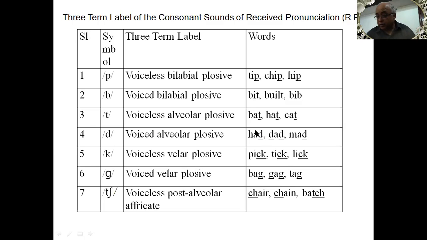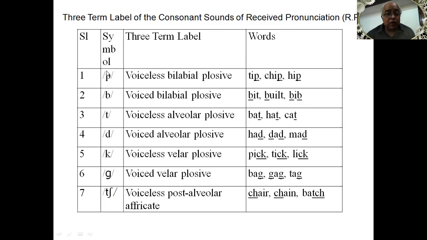Now, let us do some repetition. It will be easier now for us. First we have got serial number, the symbol, the three-term label, and the words. First we have got this.